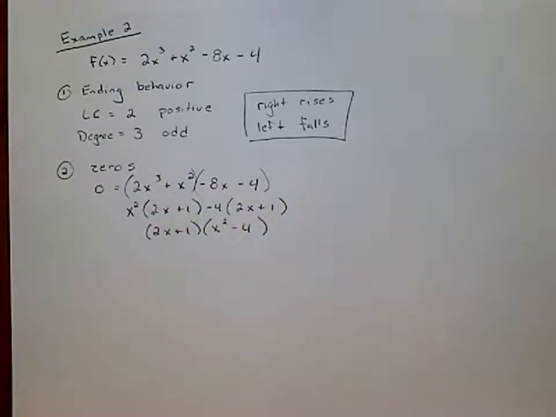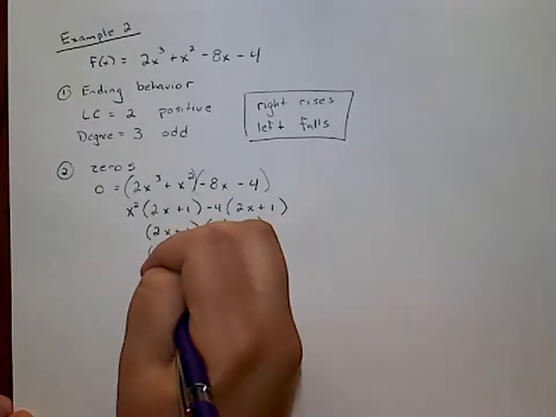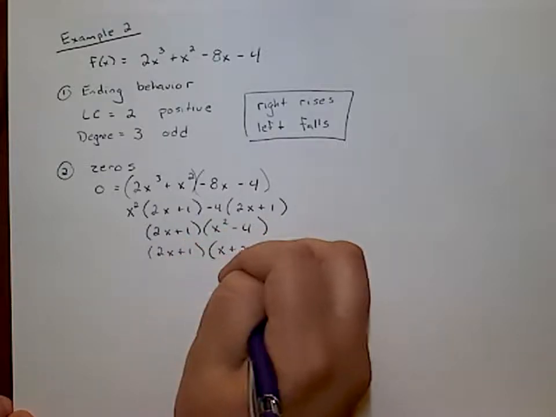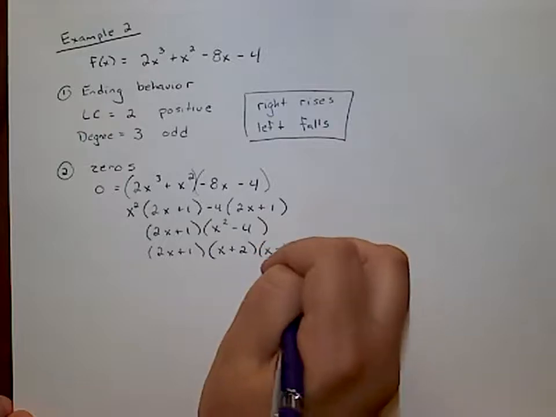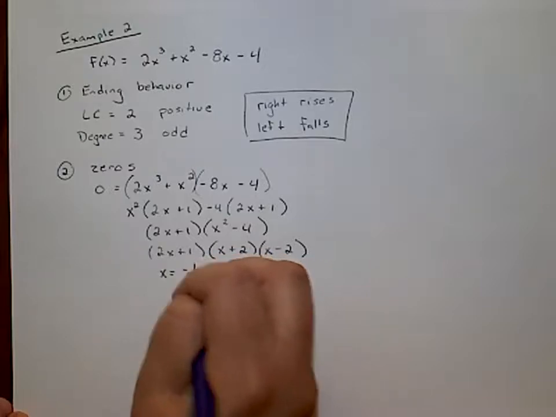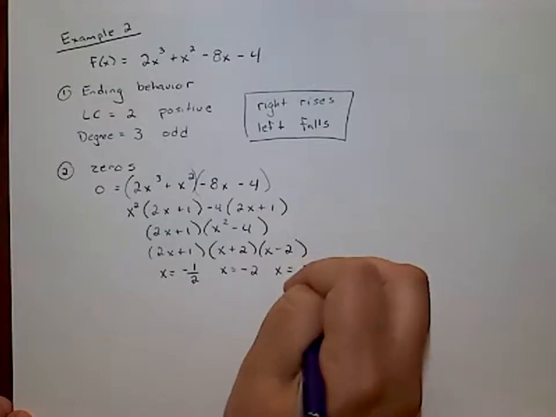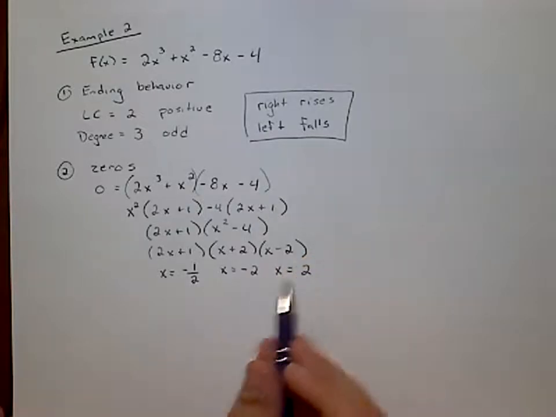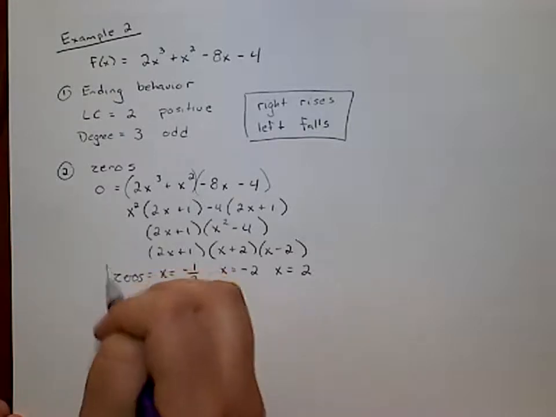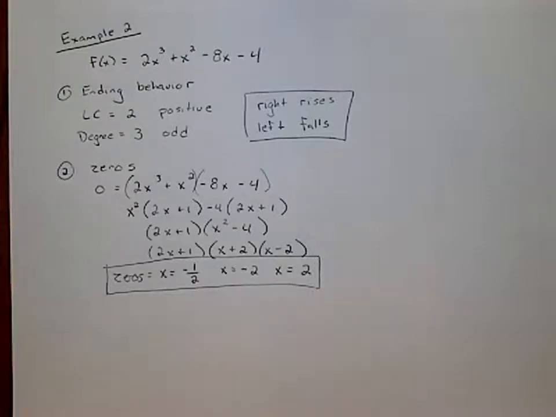We have to make sure this is factored completely. 2x plus 1 is good, but x squared minus 4 can be factored further. That is a difference of 2 perfect squares. So x plus 2, x minus 2. So our zeros are negative 1/2, negative 2, and 2. All have a multiplicity of 1.